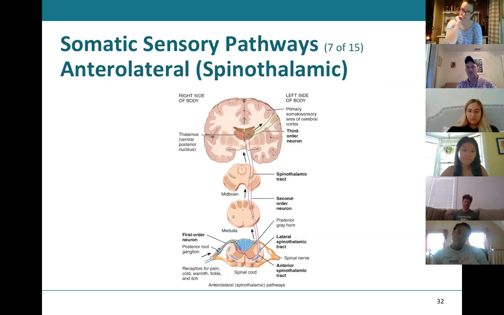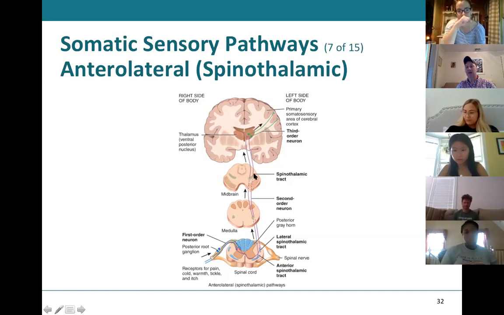Okay, so again, aside from all of the natural history learning material there, what you want to walk away from this figure understanding is that pain, cold, warmth, and tickle travel on the spinothalamic pathway. Notice they access the second order neuron in the gray matter that will then ascend on the opposite side of the body, traveling through the spinothalamic tract to the thalamus, then ultimately the third order neuron synapses at the primary somatosensory cortex.